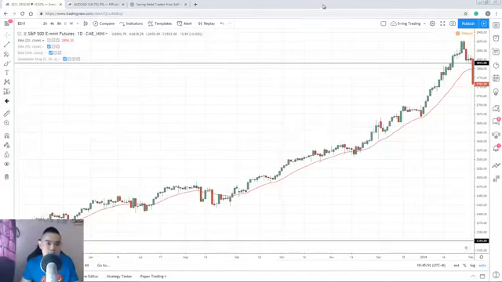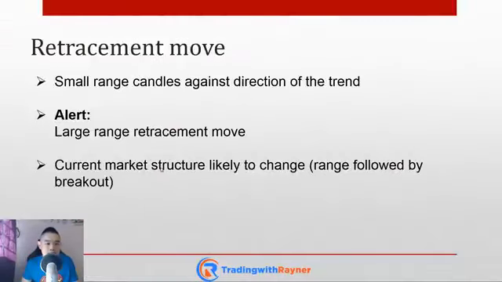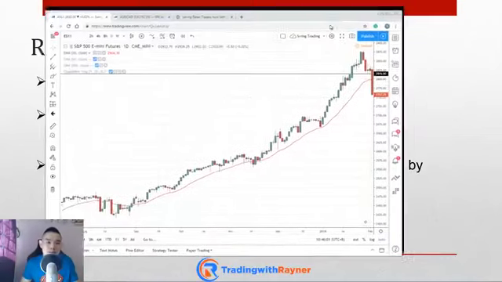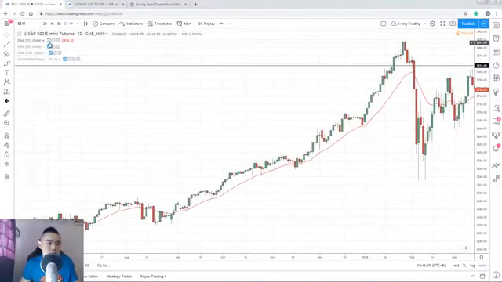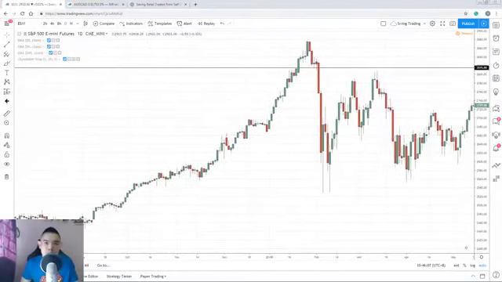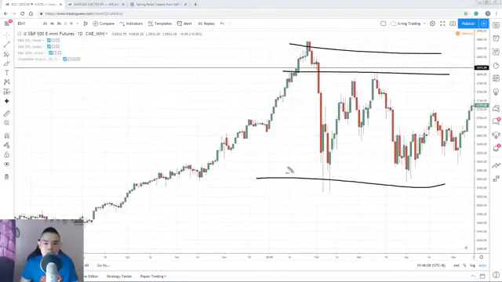And if you recall the slides, I mentioned that what usually happens is that the market goes into a range followed by a breakout. So when you see a large retracement candle against the underlying trend, it tells you that the market is likely to go into a range. In this case, the market went into somewhat of a range between these highs and these lows, or even a descending triangle if you want to call it.